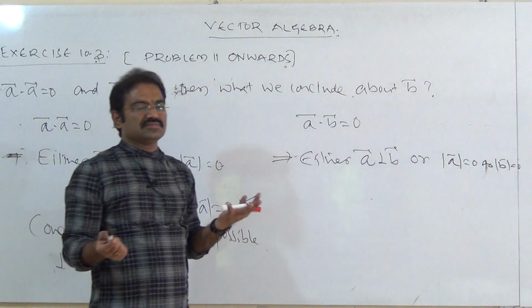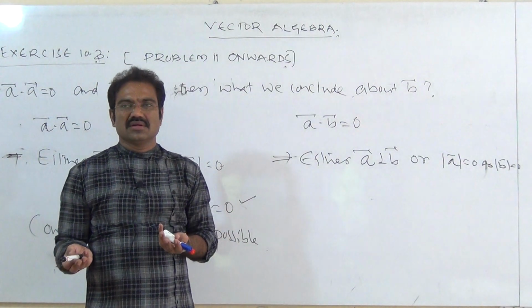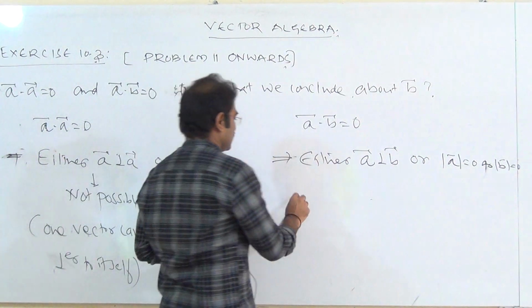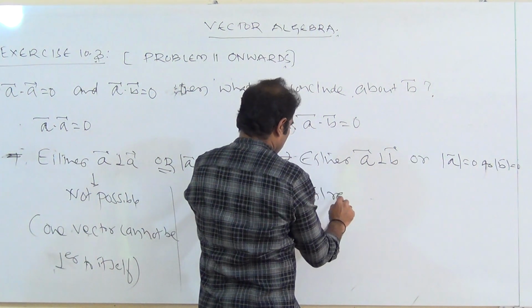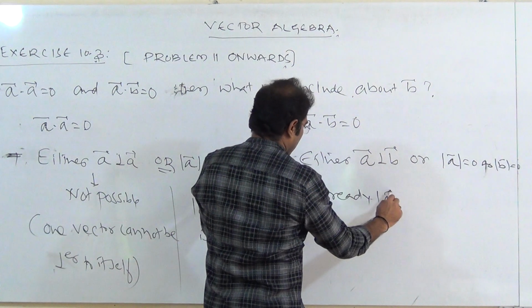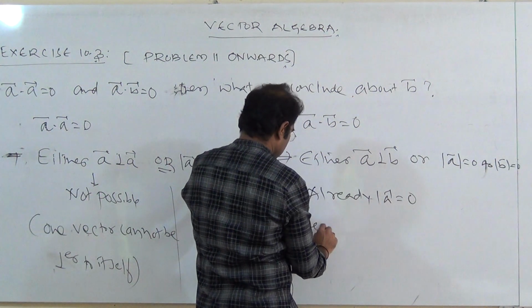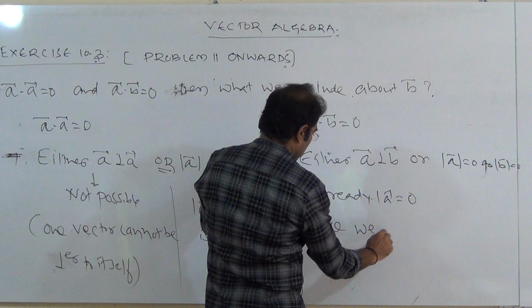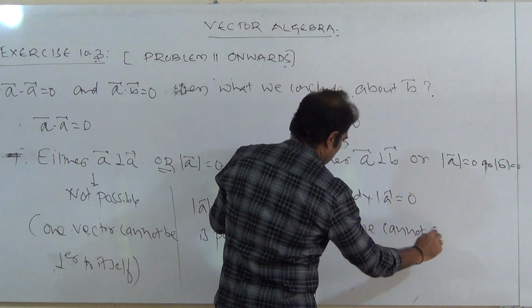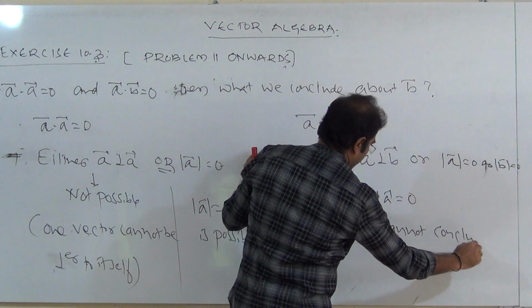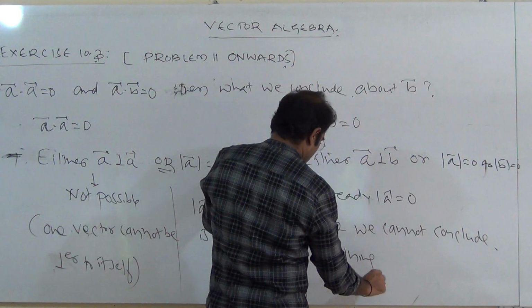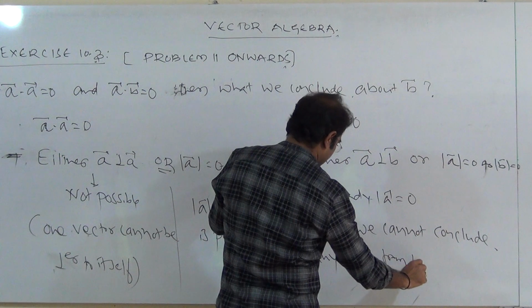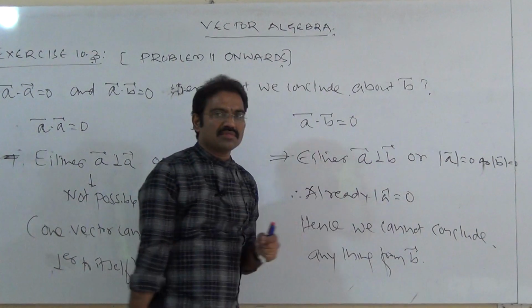So we cannot conclude anything from this. Hence we cannot conclude anything from B.